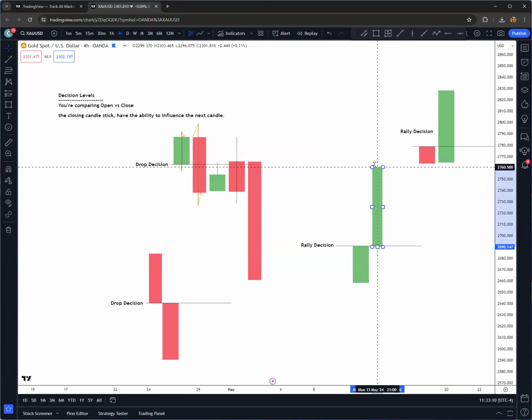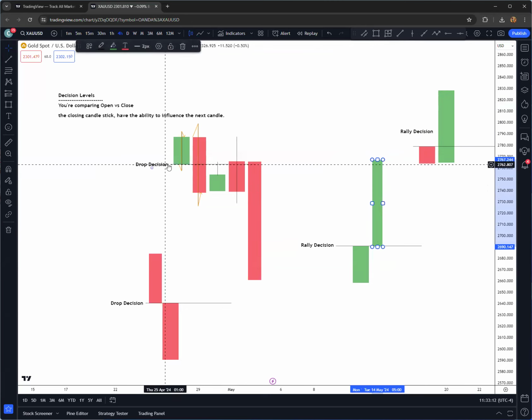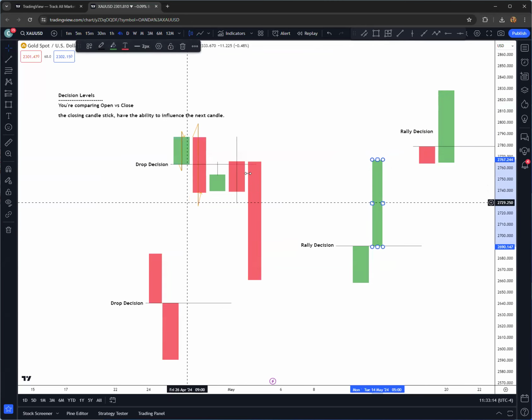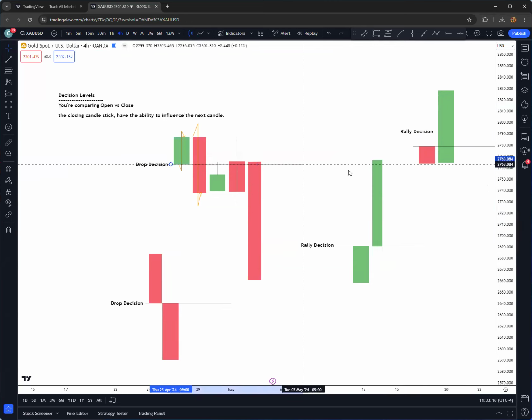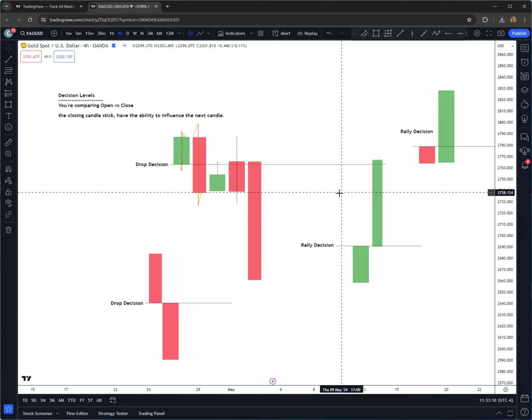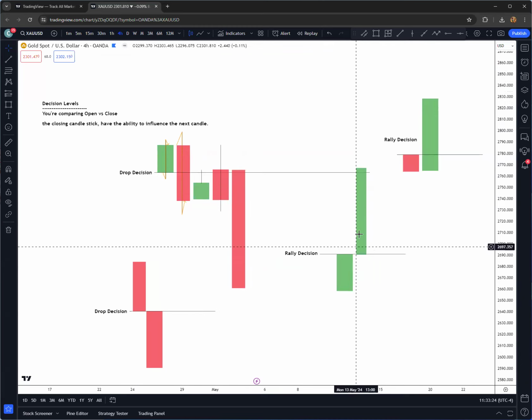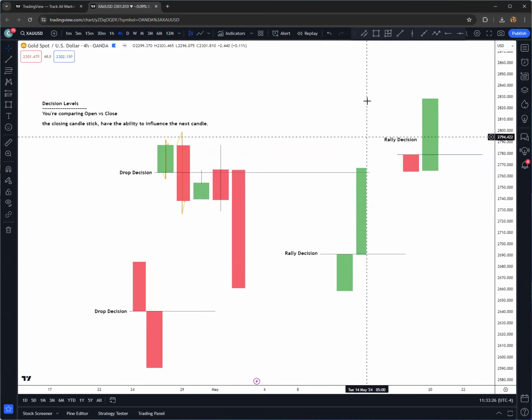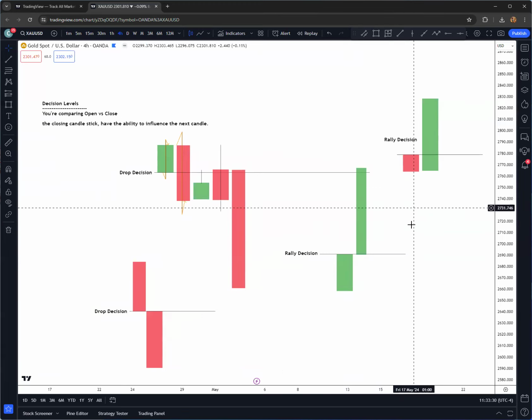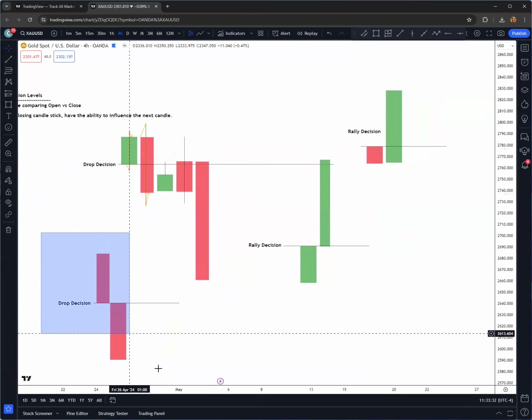You want to see this break a decision like this right here, this previous decision over here, because it's breaking above the open of this. So when you see this, more likely price will want to continue to the upside, and it would be the reverse on this one over here.